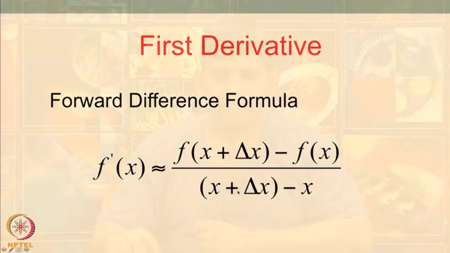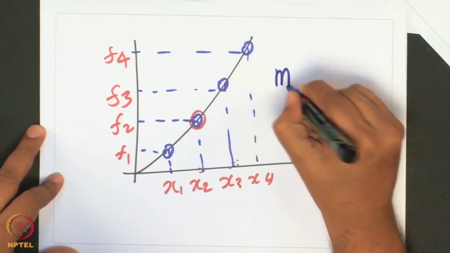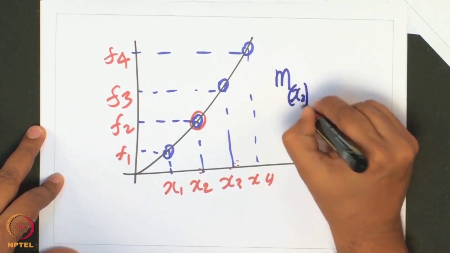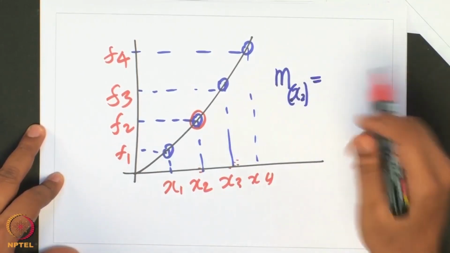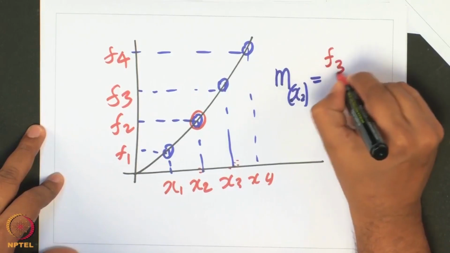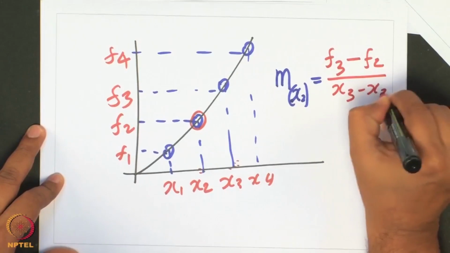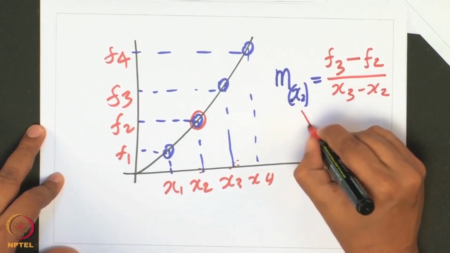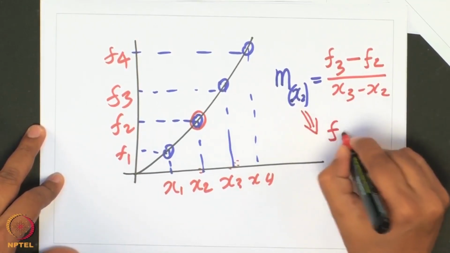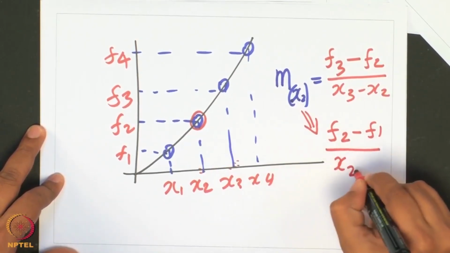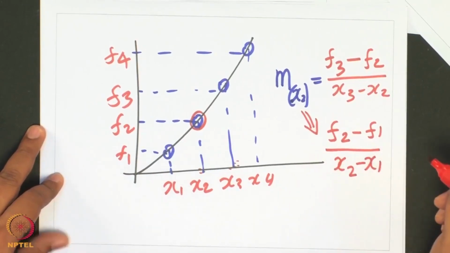You could also take the backward one. What I want is the slope near x2. I could write, as I said, f3 minus f2 divided by x3 minus x2, or you could also write f2 minus f1 divided by x2 minus x1.